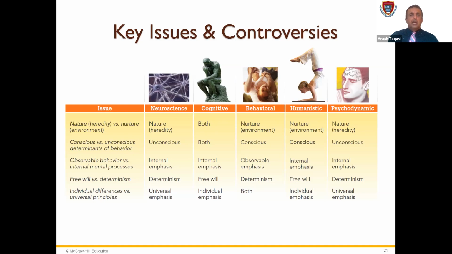And also in humanistic, we are talking about passion, compassion, love, intelligence and other parts. So these are internal parts. And finally, in psychodynamic, when we are talking about your unconsciousness, absolutely we are talking about your internal parts. Only in behaviorism, we talk about your external or observable parts.